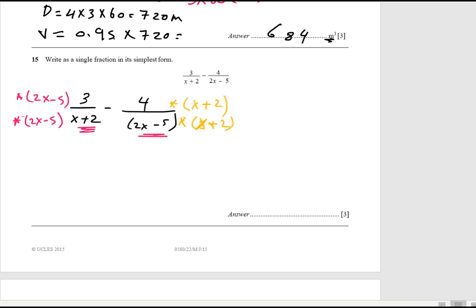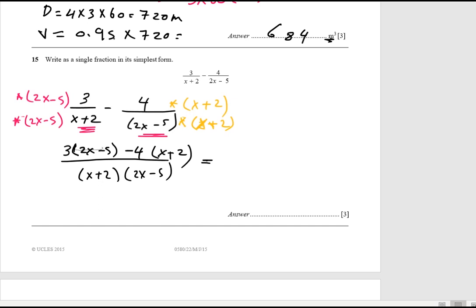Let us start to write now the expression. Here we will have on both sides x plus 2 multiplied by 2x minus 5 at the bottom. At the top it will be 3 multiplied by 2x minus 5, minus 4 multiplied by x plus 2.